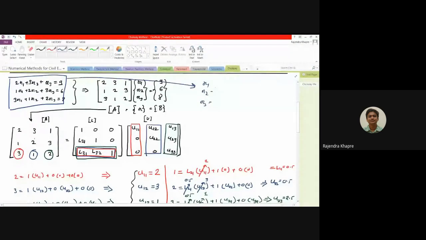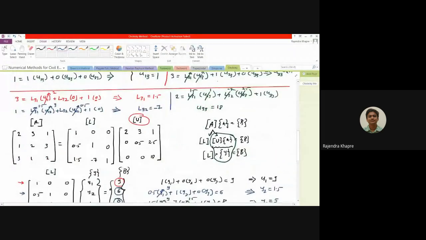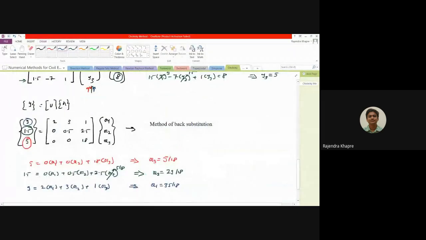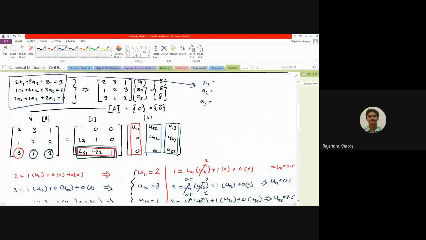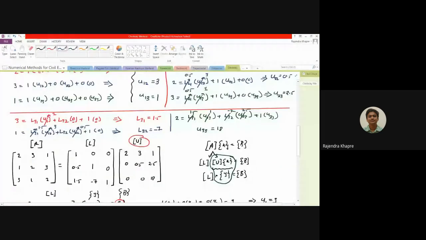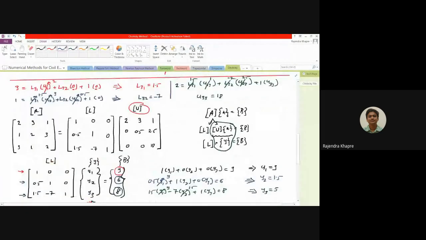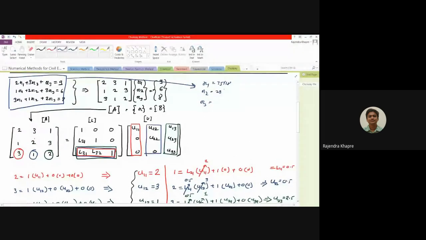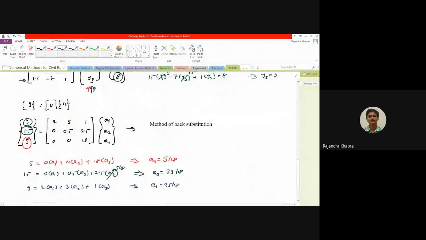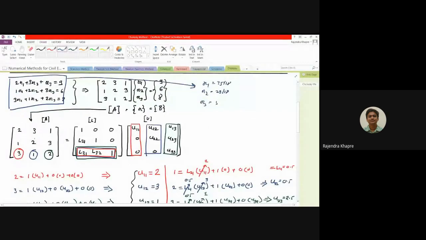They are like this. x1 is 35 by 18, then x2 is 29 by 18, and lastly x3 is 5 by 18.